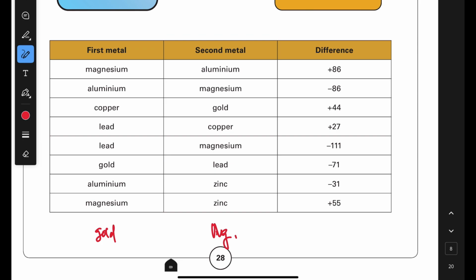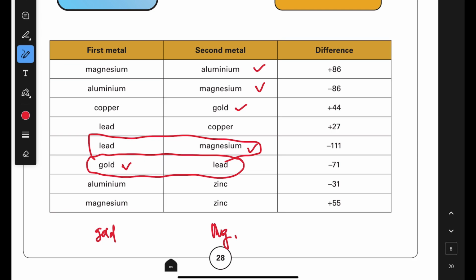Gold is given here and magnesium is given here. So we must take gold with lead and lead with magnesium, because lead is common. We need gold and magnesium, and lead is what is in between these two.